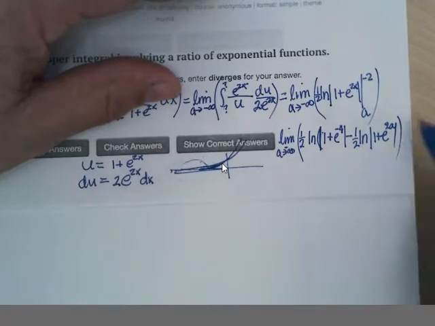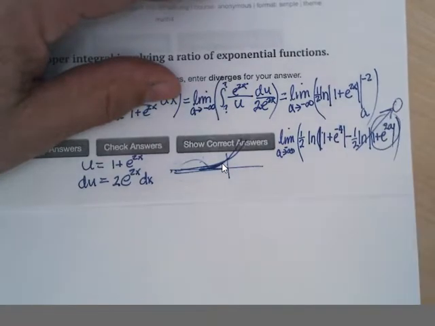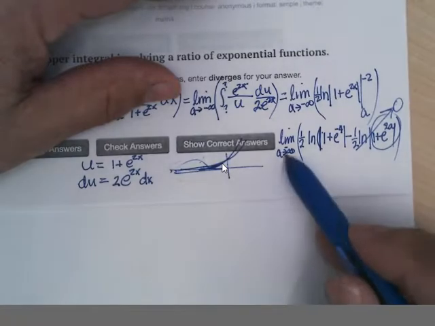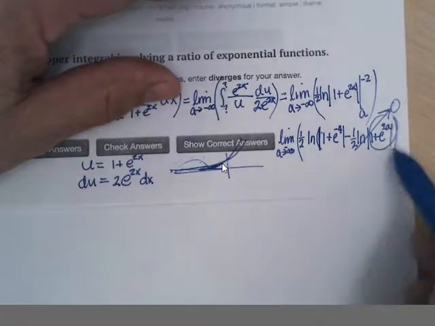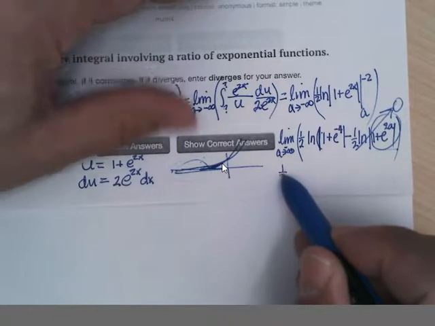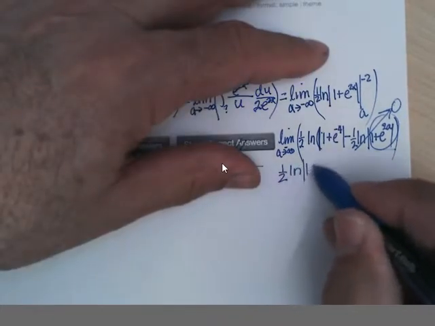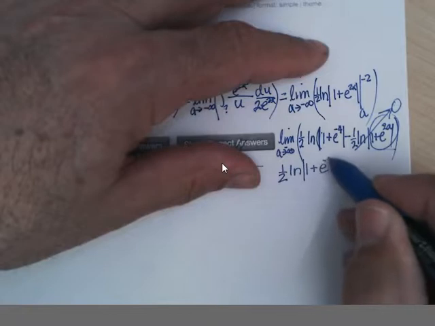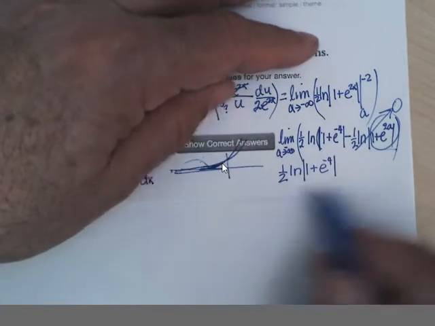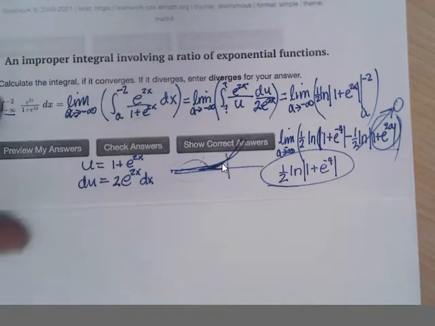Looks like it's going to 0. So the limit of this expression is going to be, this one's just a constant, 1/2 ln of 1 plus e to the minus 4. So that's going to be the value of this improper integral.